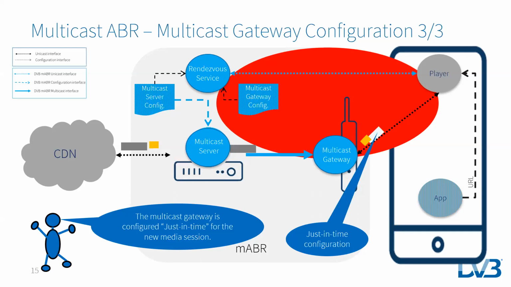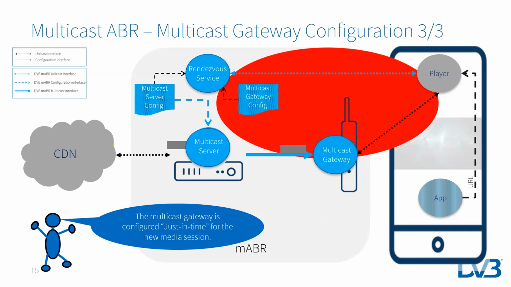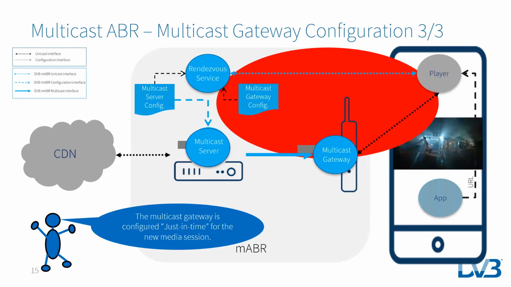After interpreting this just-in-time configuration, the multicast gateway will be capable of delivering the content to the player. So let's continue. Here we go. Now the player has the content, and it can start displaying the video.